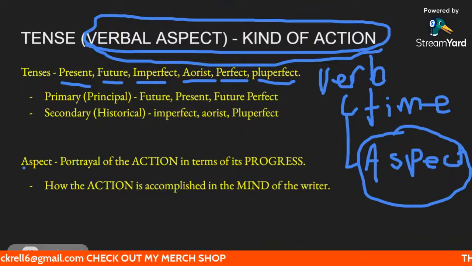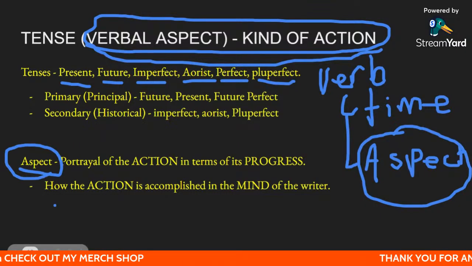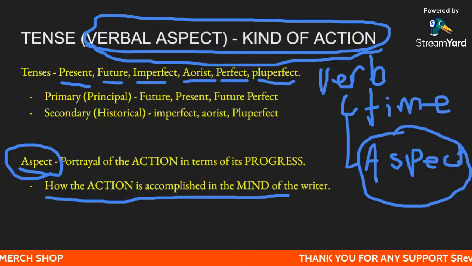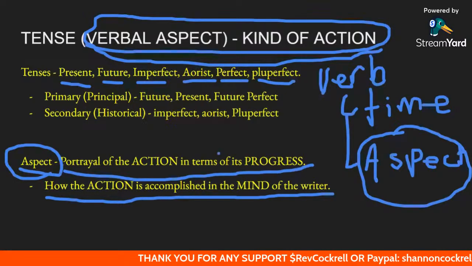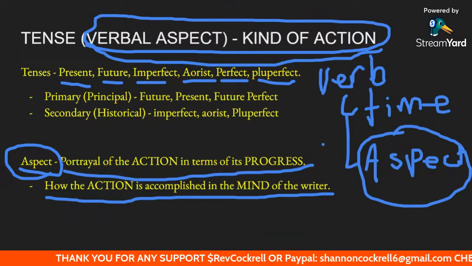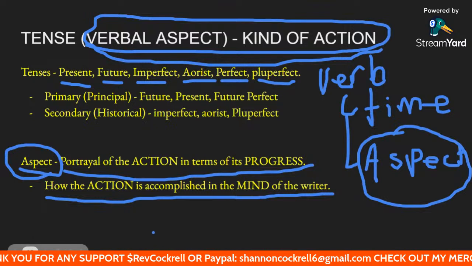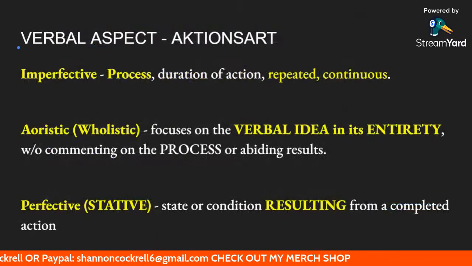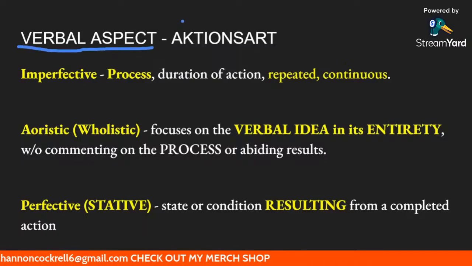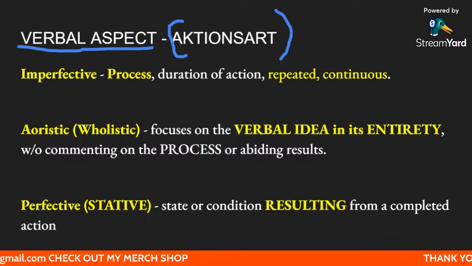You can look at those. Aspect is how the action is accomplished in the mind of the writer. What's the portrayal of the action in terms of its progress? That's what's important with the kind of action in the Greek verb, also called action art.